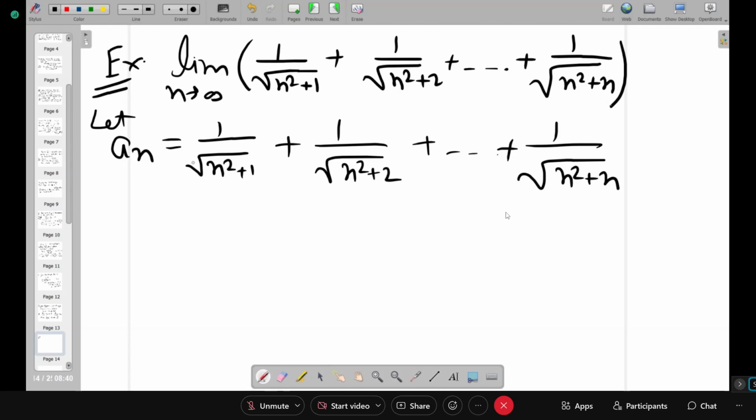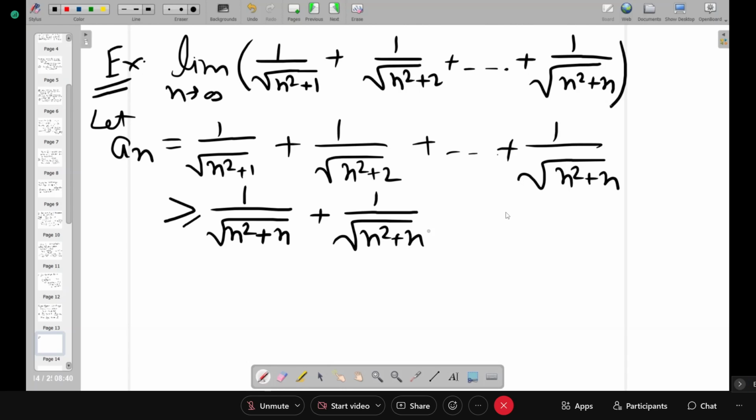This sequence is always greater than or equal to the sequence we get if we replace all the values with the last one, 1 upon n square plus n, where n is a natural number.